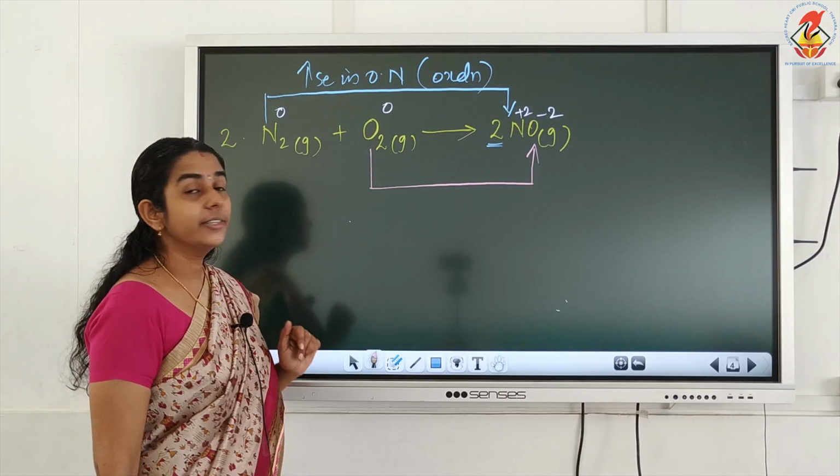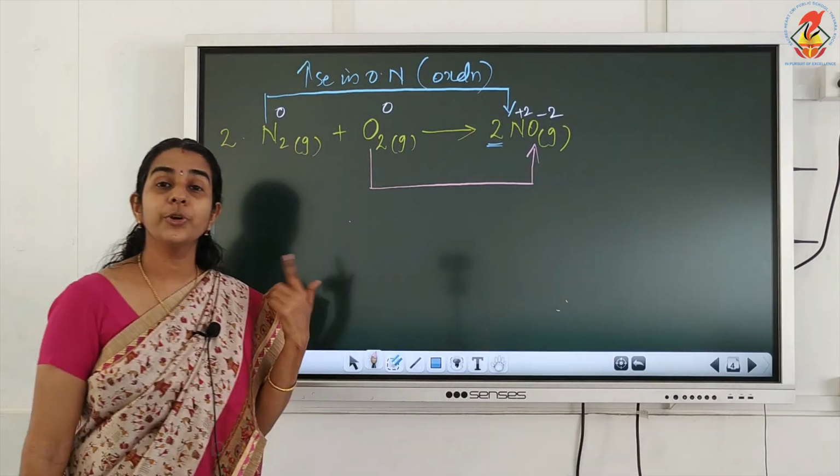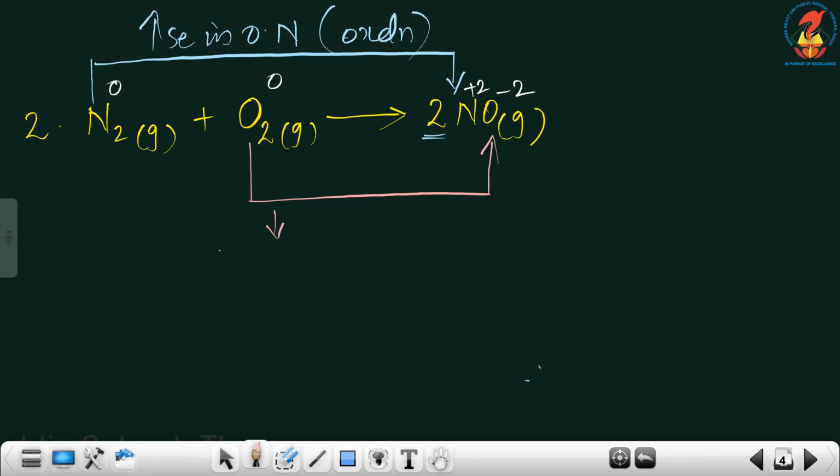Now oxygen, what is the change in oxidation number? It is 0 to -2. 0 to -2 means there is a decrease in oxidation number. So we can write, decrease in oxidation number represents reduction. So here oxygen is undergoing reduction and N2 is undergoing oxidation.